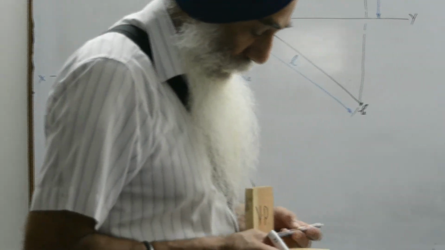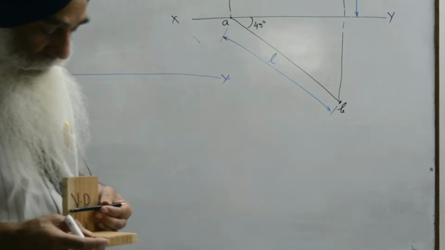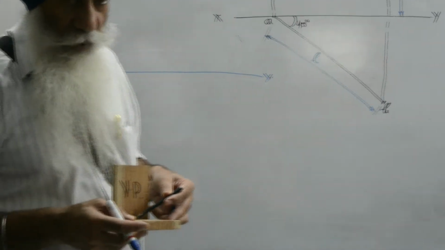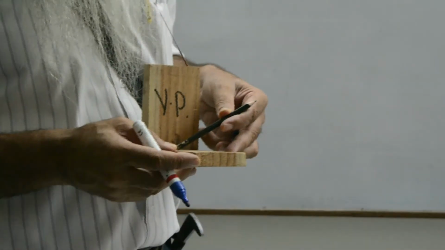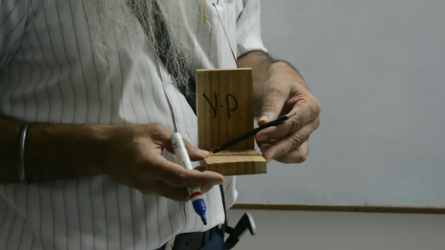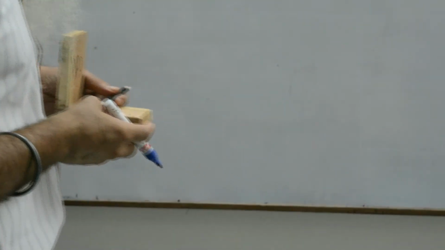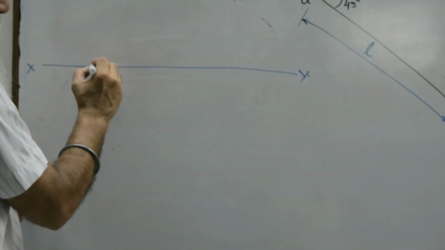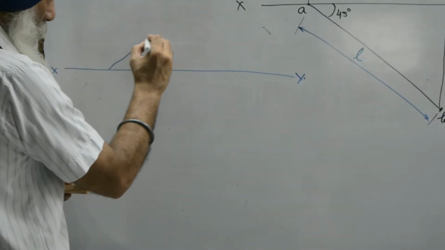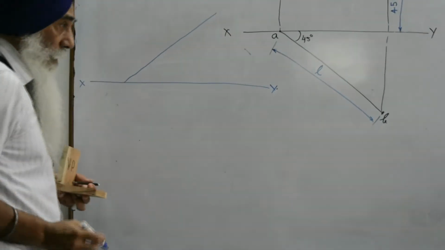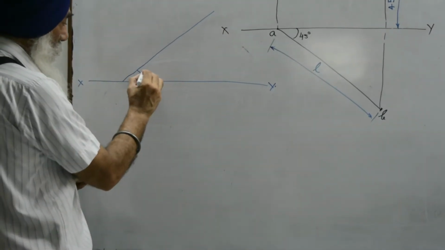This line is parallel to the vertical plane and inclined to the horizontal plane. For this, you draw its front view. Front view means from here, whatever the angle is given, from here you draw the line. This angle may be 30 degrees.